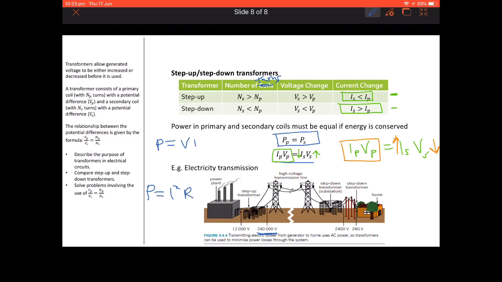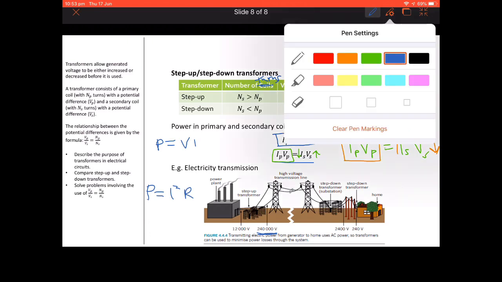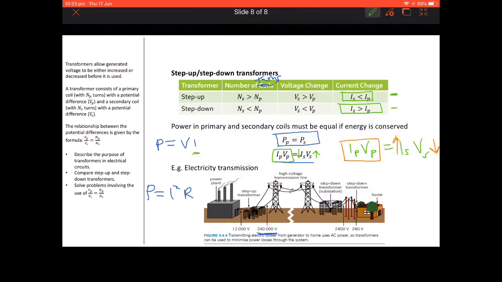So you want to try and reduce the current as much as possible. So to do that, you want to increase the voltage. So the power that is transmitted is still the same, and the power loss is reduced. So that's why electricity is transmitted at such high voltages.